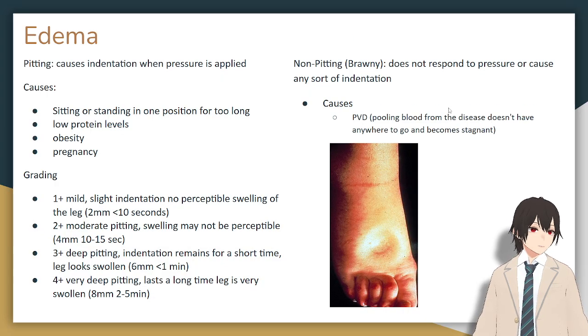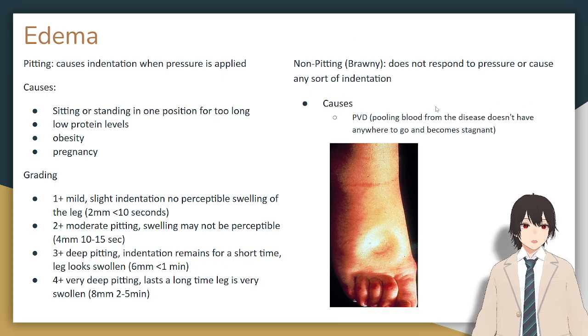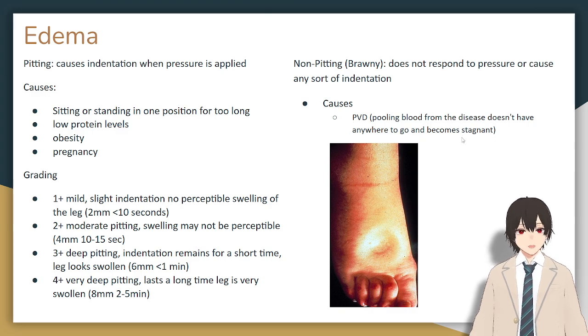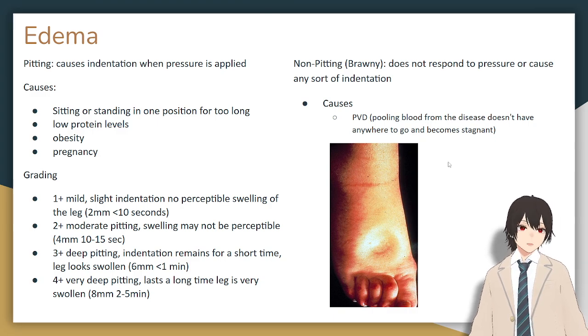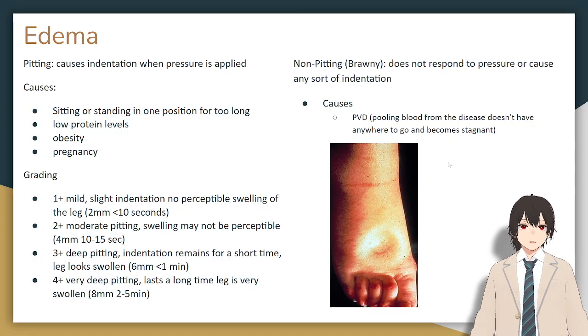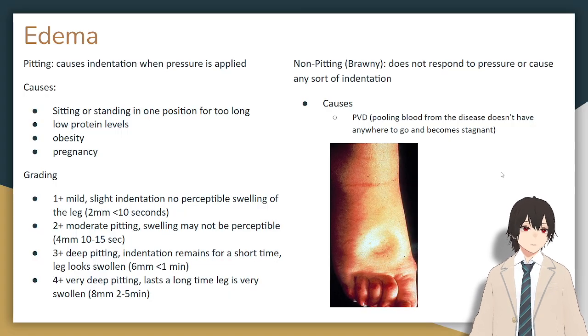Some causes are usually peripheral vascular disease, PVD, where the blood is pooling because it doesn't have anywhere to go or has difficulty going back up, and it becomes stagnant. Edema can happen anywhere in the body, but most of the time it's in the feet and legs because of gravity, right? Like due to the PVD.